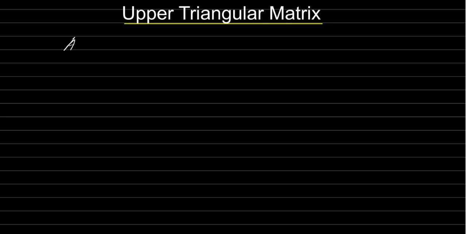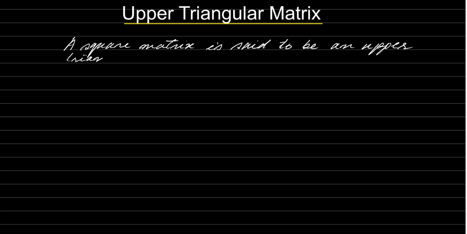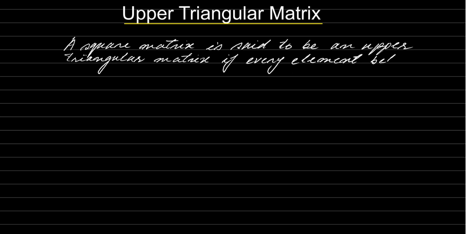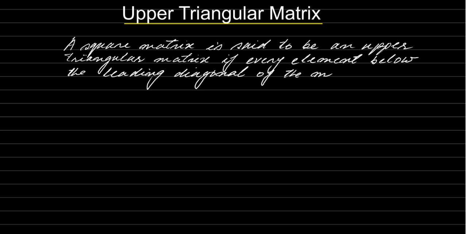A square matrix is said to be an upper triangular matrix if every element below the leading diagonal of the matrix is 0.